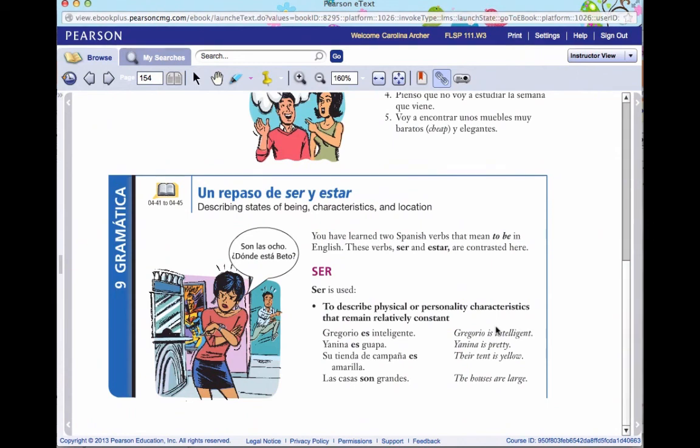Su tienda de campaña es amarilla. It's yellow. If we say está amarilla, that means that it's yellow today, but maybe in a couple of hours it could change, or tomorrow it could change.